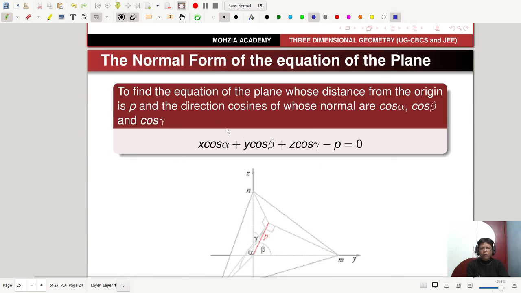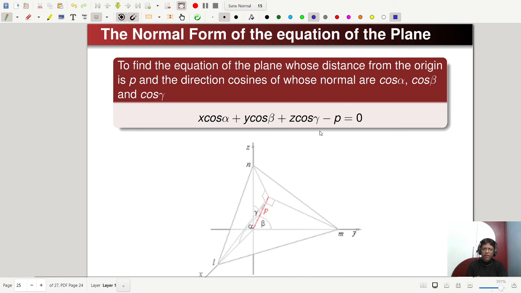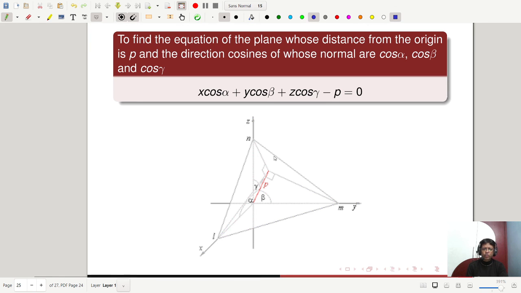And what is the normal form of the equation of the plane? You may remember the normal form of the straight line in 2 dimensions. So in 3 dimensions also, the plane has a normal form. If the plane's distance from the origin is p, and the normal vector of the plane makes an angle alpha with the x-axis, beta with the y-axis, and gamma with the z-axis, then the direction cosines of the normal vector are cos alpha, cos beta, cos gamma.